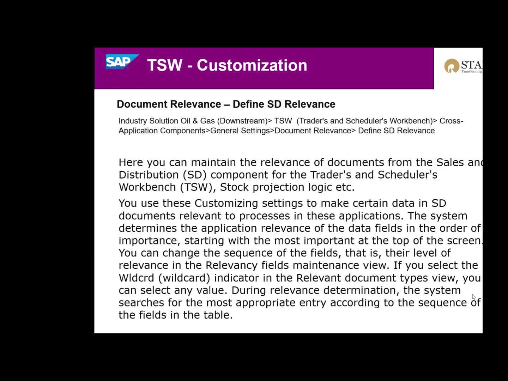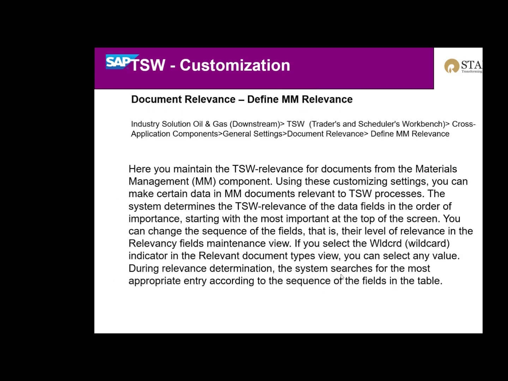During relevance determination, the system searches for the most appropriate entry according to the sequence of the fields in the table. That is the functionality of this define SD relevance. Then define MM relevance. Similar to SD relevance, same thing for MM related documents and their fields.